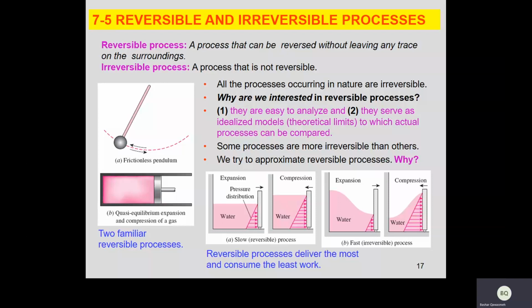So it gives us the theoretical limits. Some processes are more irreversible than others. We try to approximate the reversible processes, in order, as we mentioned, to compare with these idealized models.